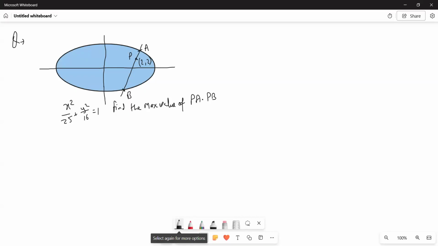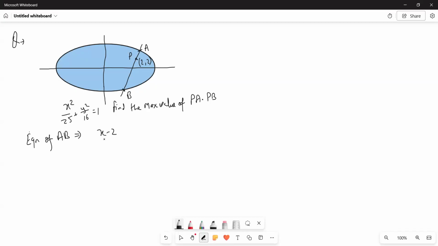अच्छा डायमीटर वाला फॉर्म. नहीं, पैरामीट्रिक फॉर्म इक्वेशन. क्यों लेंगे? लाइन का पैरामीट्रिक फॉर्म में लिखेंगे. We'll write down the equation of AB in the parametric form. So 2, 2 is the point on this.